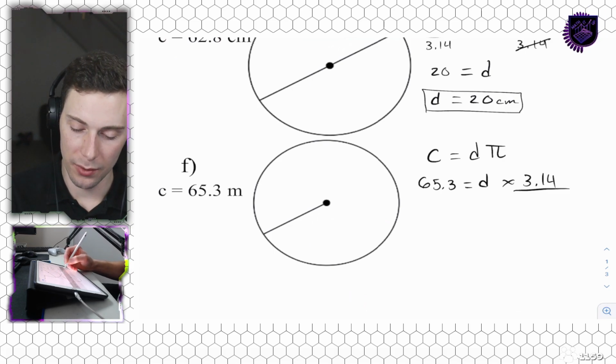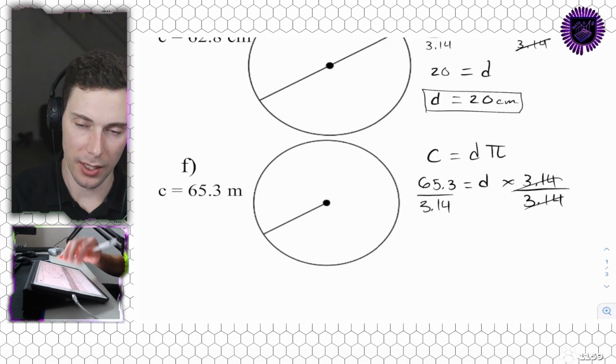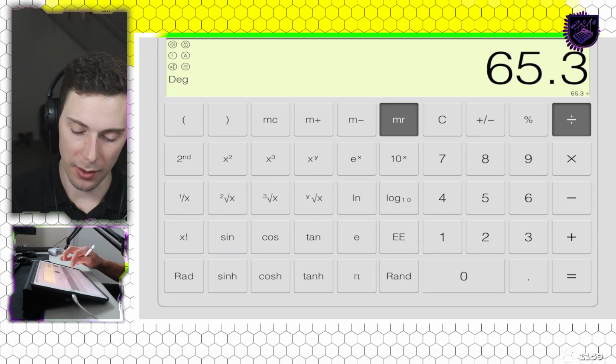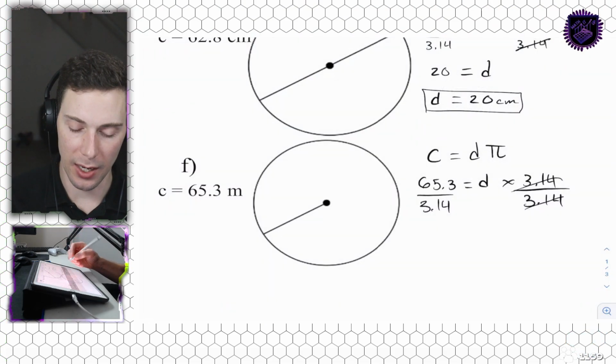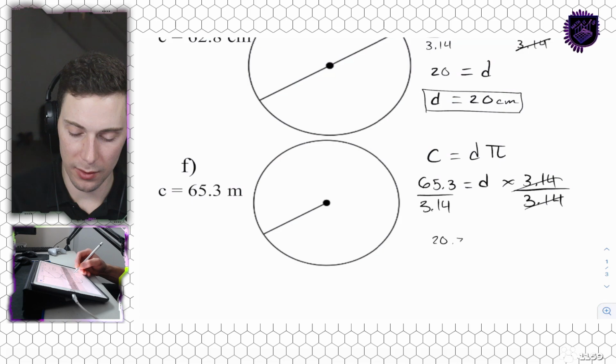To find that out, we're going to divide by 3.14 on both sides. So 65.3 divided by 3.14 is 20.79. 20.79 is equal to our diameter.